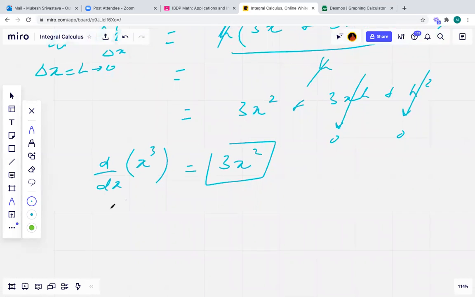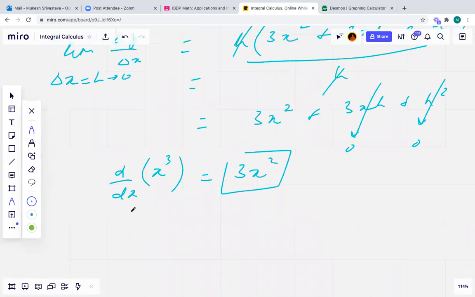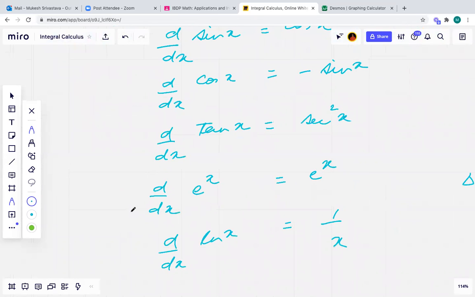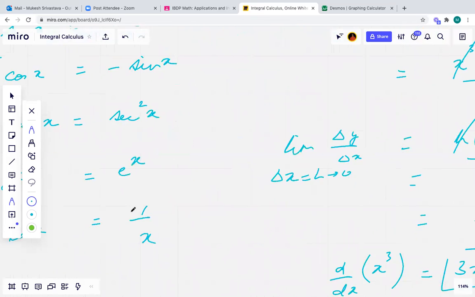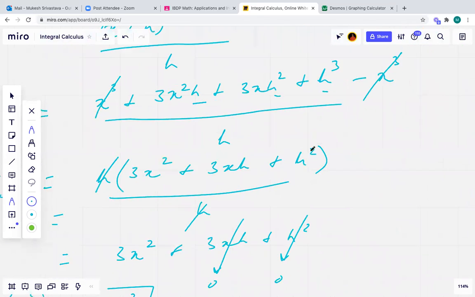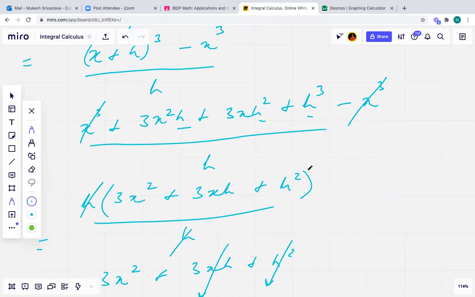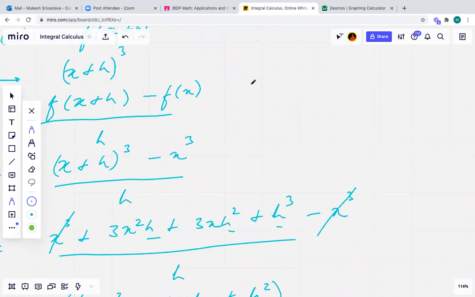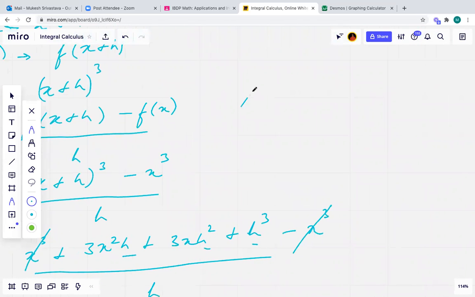Now we won't bother proving everything. These are just the base formulas you should know, and this is just so you know how we have got these values. Whatever we did here is called first principles.